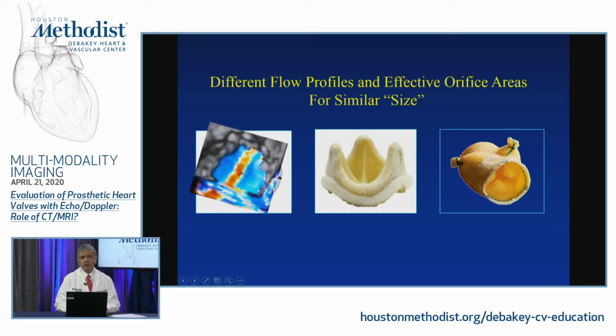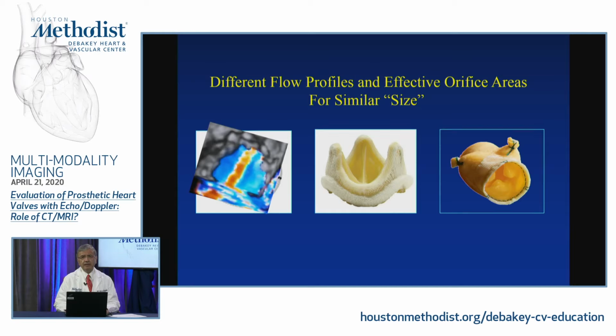Therefore, when we try to evaluate gradients in these prosthetic valves, you cannot differentiate the gradients in the larger orifice versus the smaller orifice. So there is an overestimation by Doppler using the Bernoulli equation, the 4V² formula, compared to catheter-based gradients, particularly because it is in the far field, so you cannot differentiate these two.